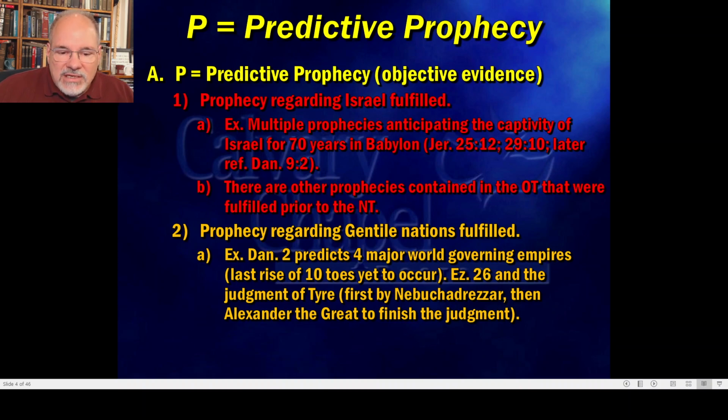And then you have Ezekiel 26 with the judgment of Tyre or Tyrus. It talks about first Nebuchadnezzar, and then afterwards, 13 years later, after Nebuchadnezzar came in, basically what happened historically was that Tyre, the Phoenicians, had a navy.